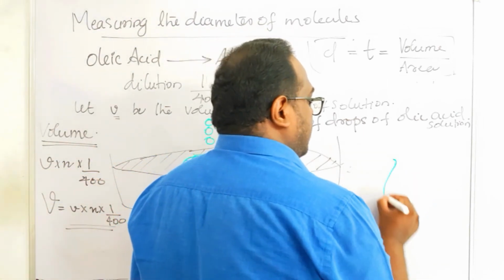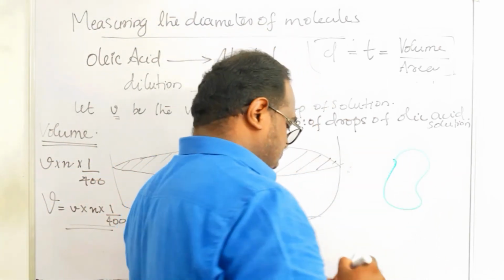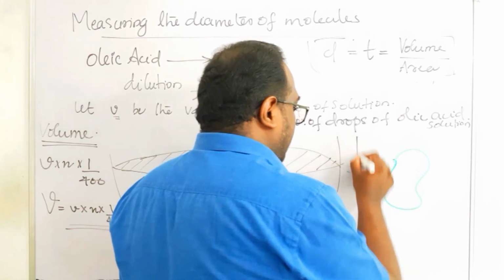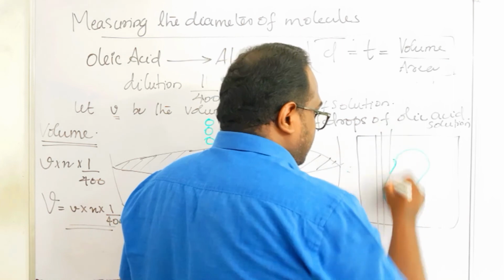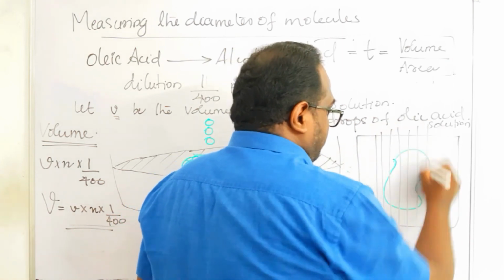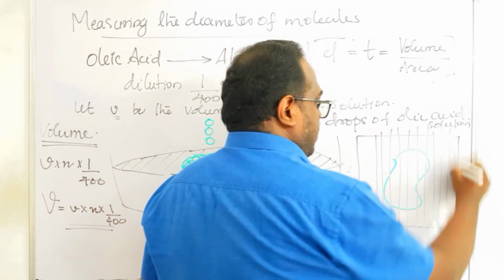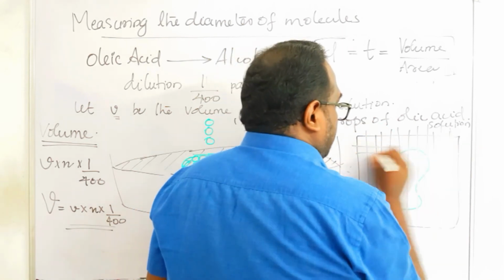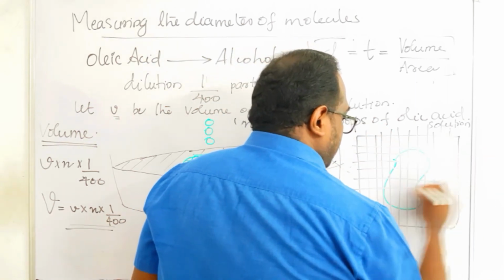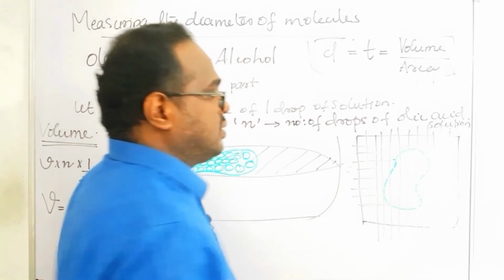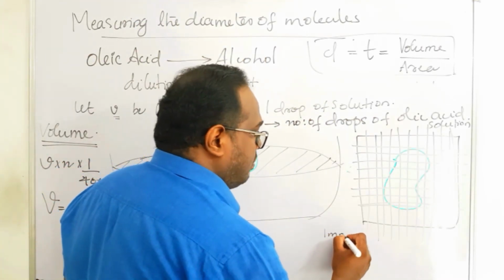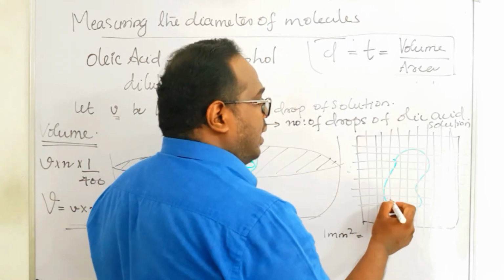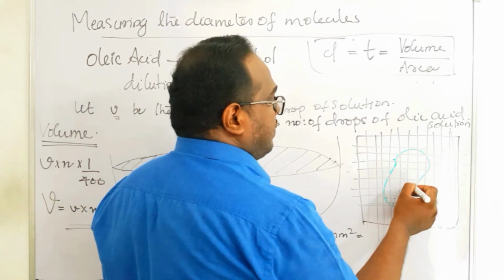Then suppose this will be the shape of the oleic acid patch you have got on the graph paper. This graph paper contains columns, right? Each column is 1 mm square, correct? You count the number 1, 2, 3, 4, 5, 6, 7, 8, 9.